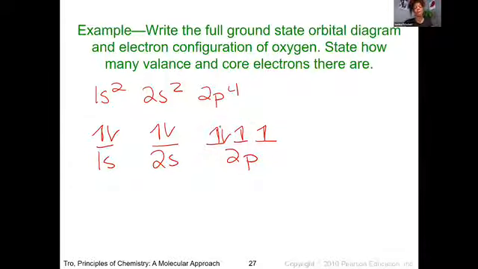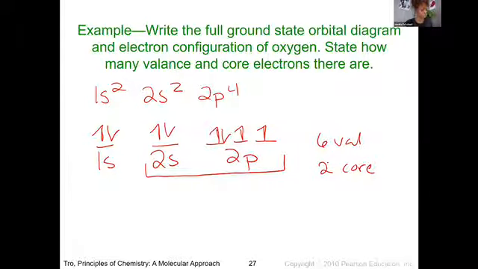If we're thinking about how many valence electrons we have, that would come from our outermost shell. So we would have a total of 6 valence electrons, and then we would have 2 core electrons. And you can note 6 plus 2 gives us 8, which is the total number of electrons that exist in an atom.